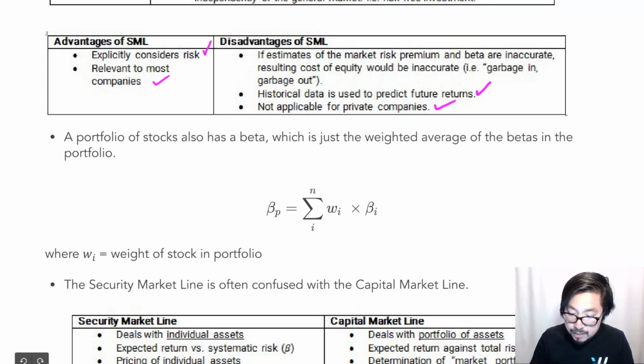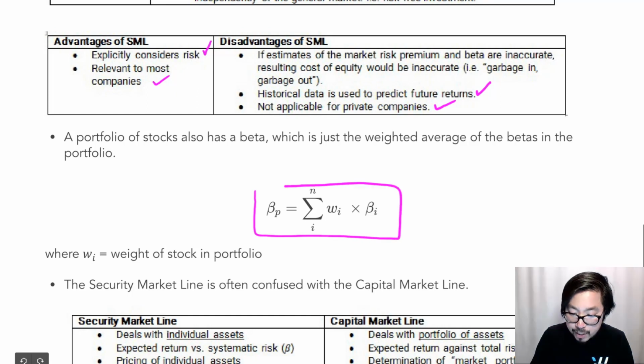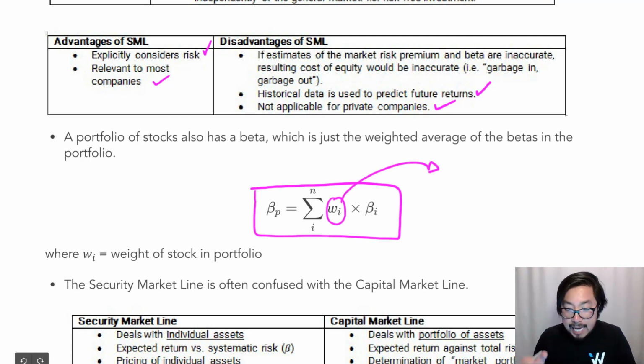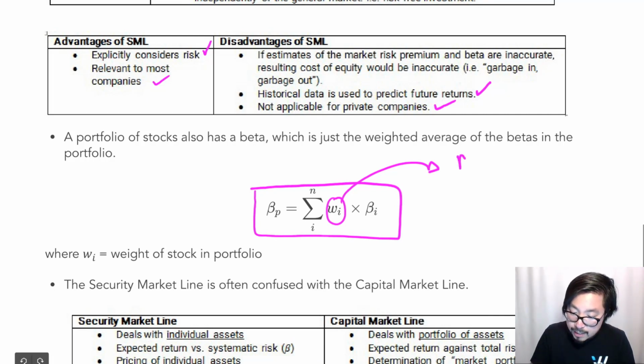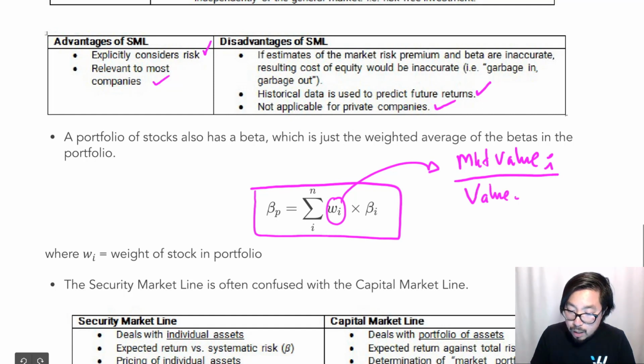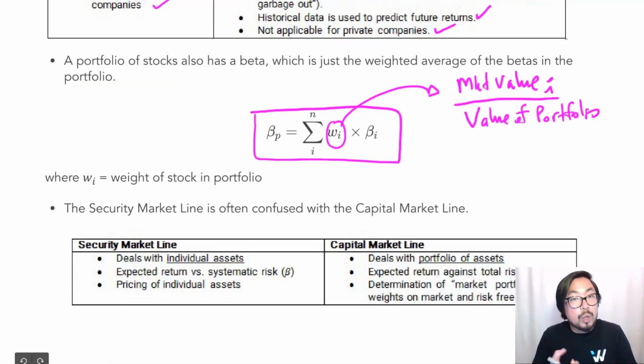It's the weighted average of the individual betas making up the portfolio, weighted by the percentage of the asset that makes up the portfolio, by market value. So for instance, this is the market value of stock i as a percentage of the market value of the portfolio. And obviously the weights always have to add up to 1.